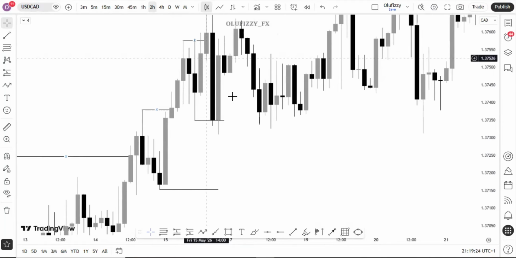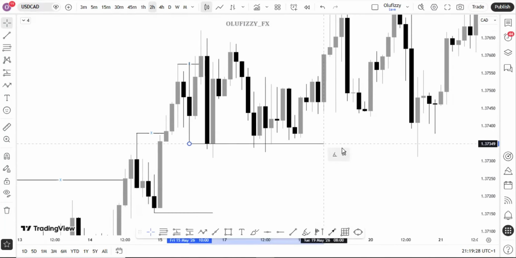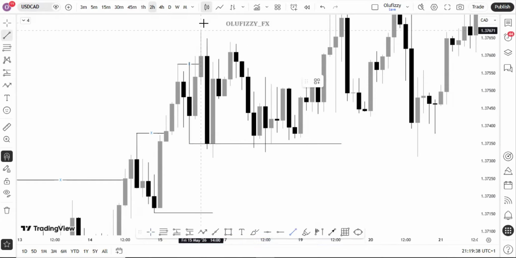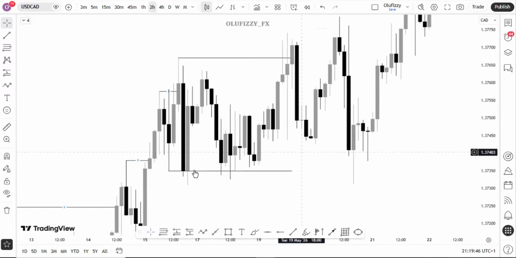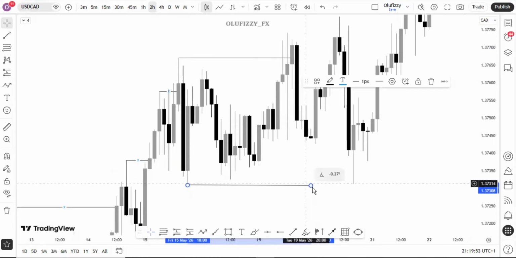So the market is still bullish, and you can see that price doesn't break below it. So from there we have price come back to break this high from here. So that means our new swing low now is going to be this low, because this is the low that we have before price breaks the structure to the upside.